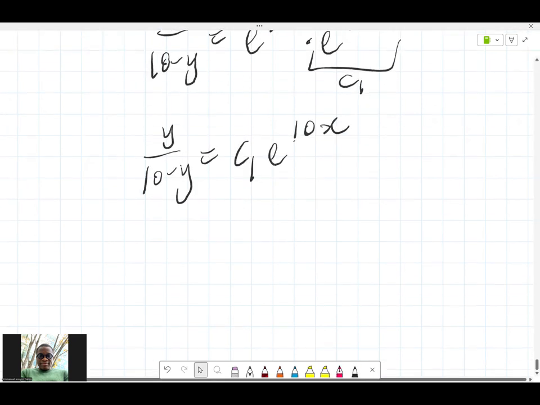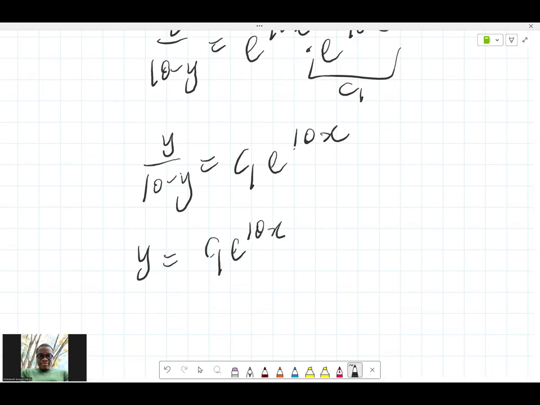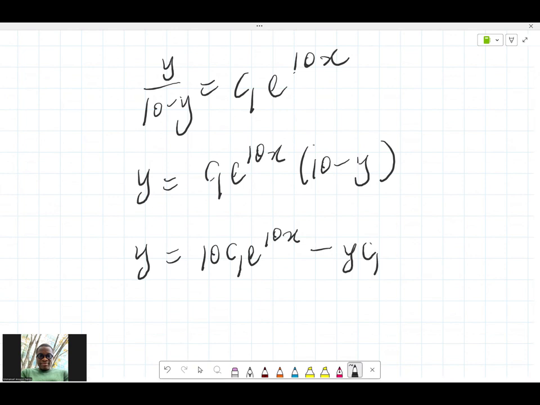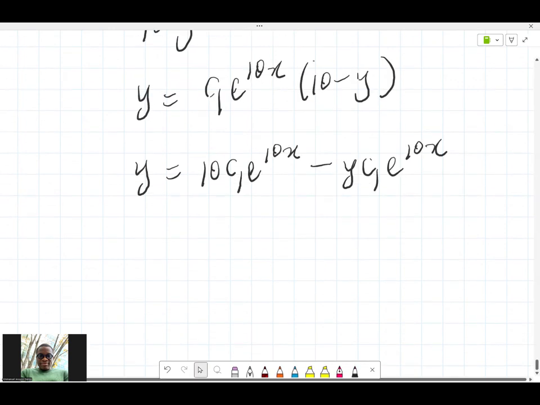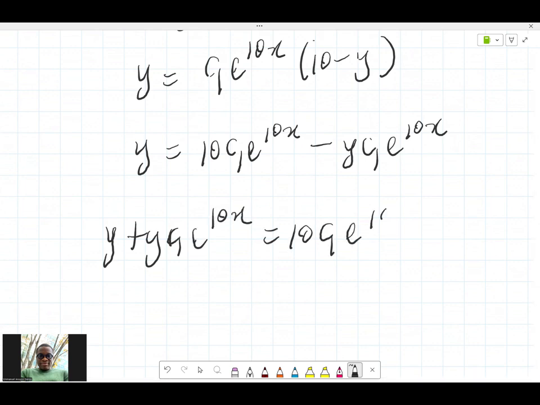So with this now we can solve for y. So we have y equals c1 e raised to power 10x into 10 minus y. So that means we have y equals 10 c1 e raised to power 10x, then minus y c1 e raised to power 10x. So we can put the y's together because we're looking for y. So we have y plus y c1 e raised to power 10x equals 10 c1 e raised to power 10x.